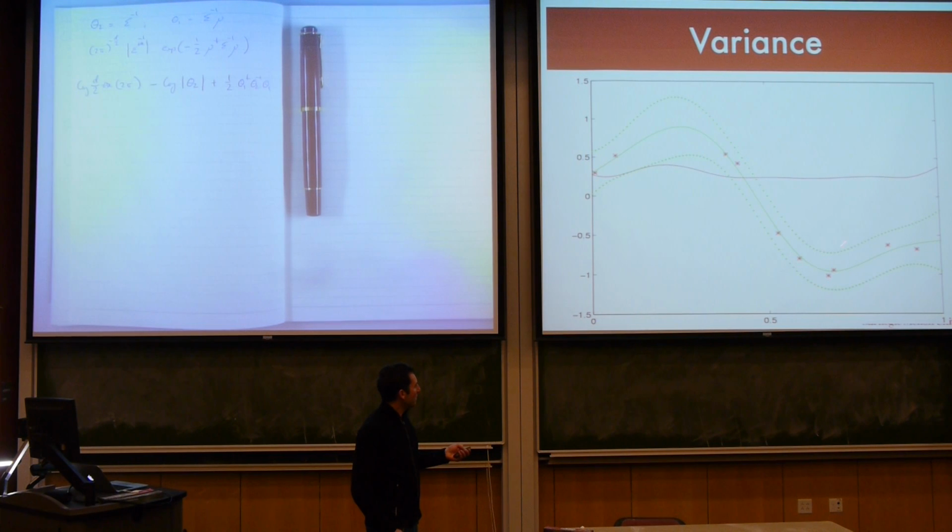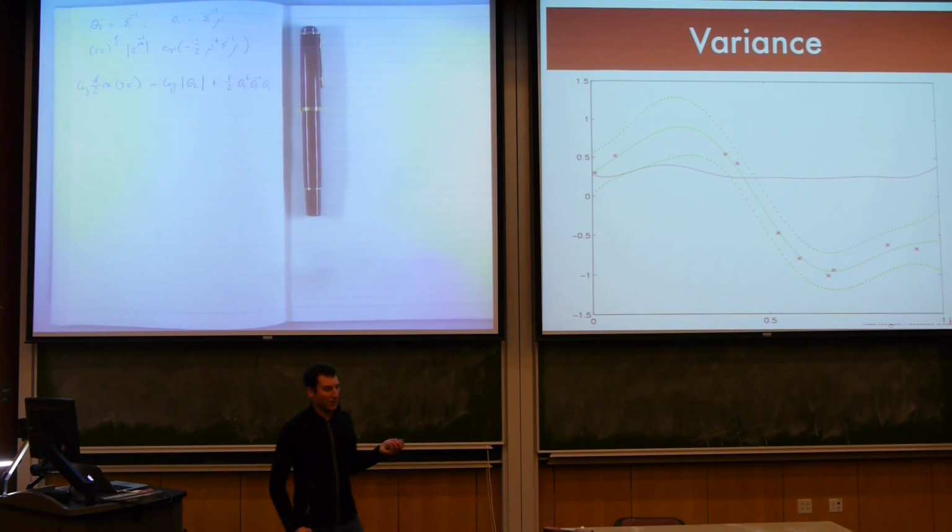Now, does it matter which function values I observe here? I mean, or does it just matter where I observe the values? Okay, who votes for just where, who votes for location and who votes for value? Who votes for value? Who votes for location? Okay, who votes for both?